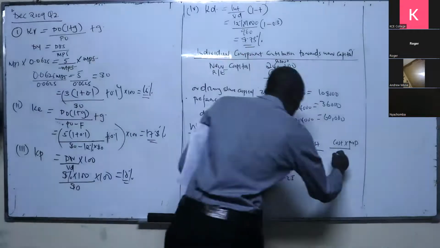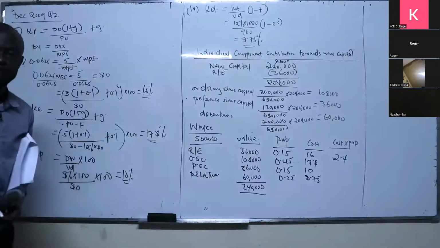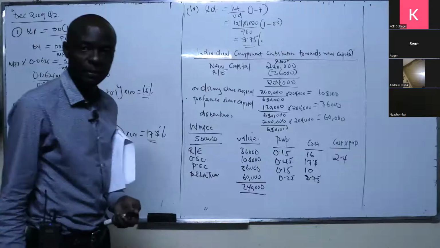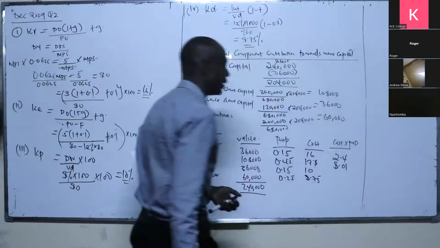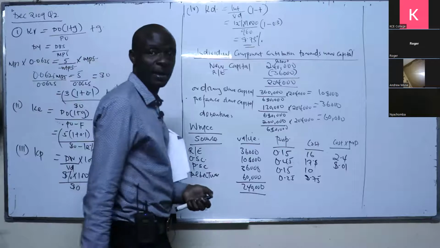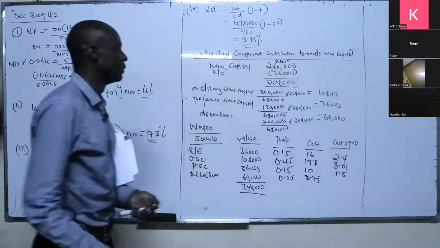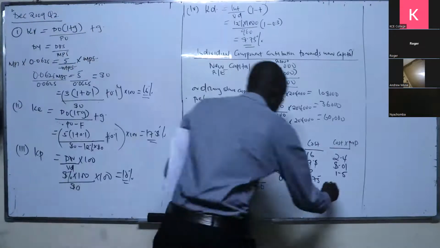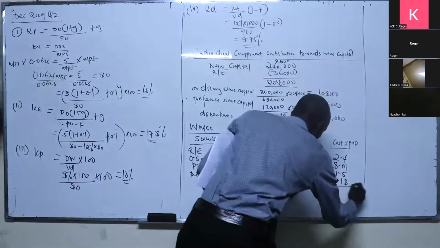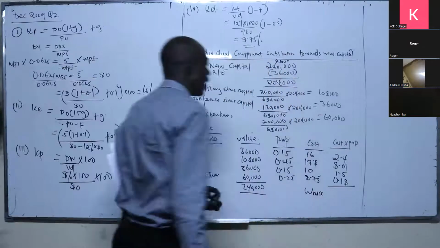So this one is 2.4. 8 point. 1. 1.5. And then weighted, you add all of them.